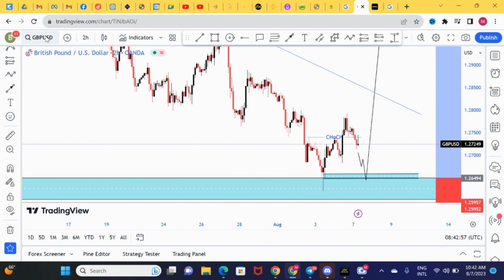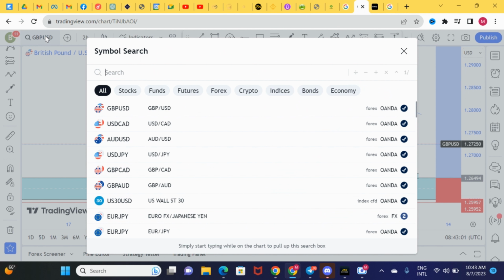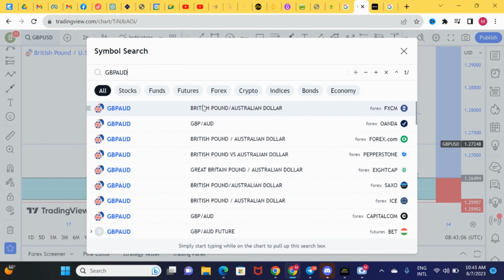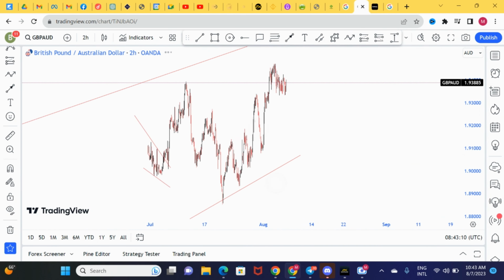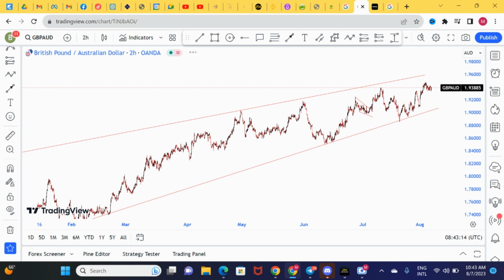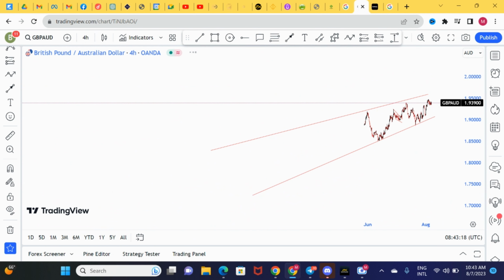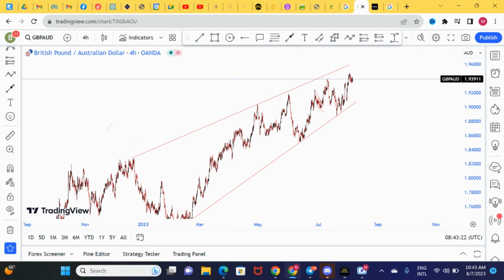Let's look at GBPAUD, GB and the Aussie, right? Okay, GB and the Australian dollar. What I can see is this, ladies and gentlemen. I can see the market has been making this kind of pattern.